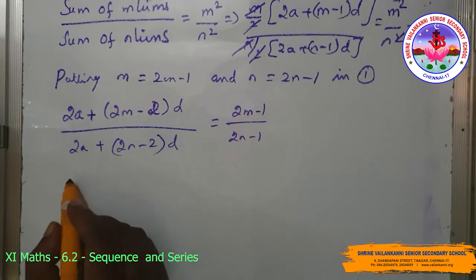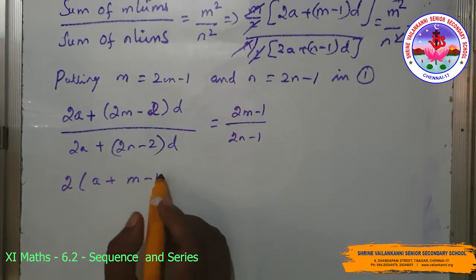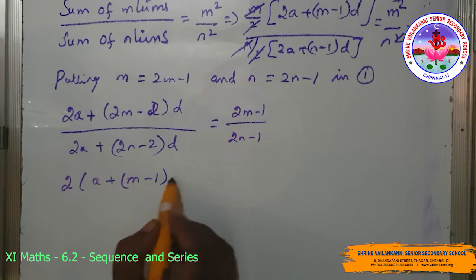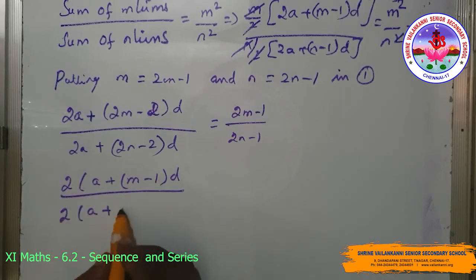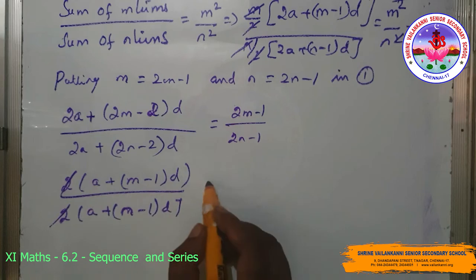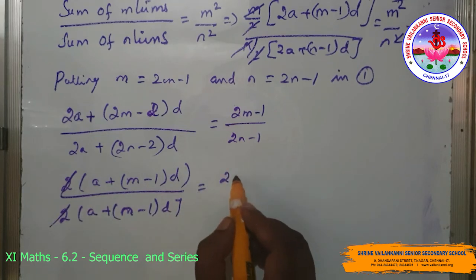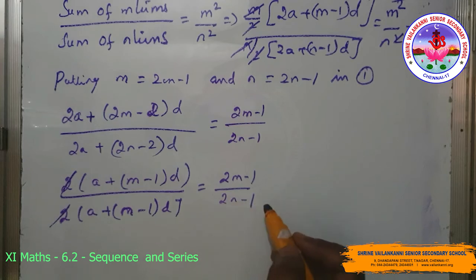So taking 2 common, 2(a + (m - 1)d) / 2(a + (n - 1)d), cancelling 2, we have (2m - 1)/(2n - 1).